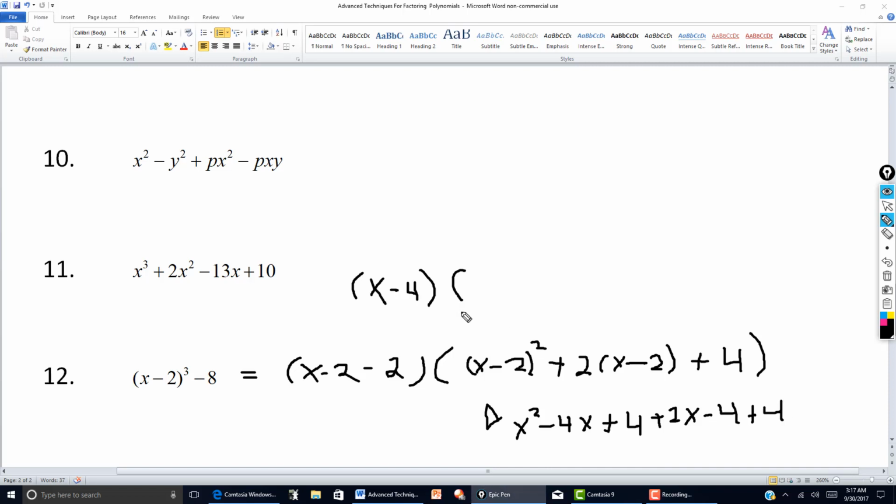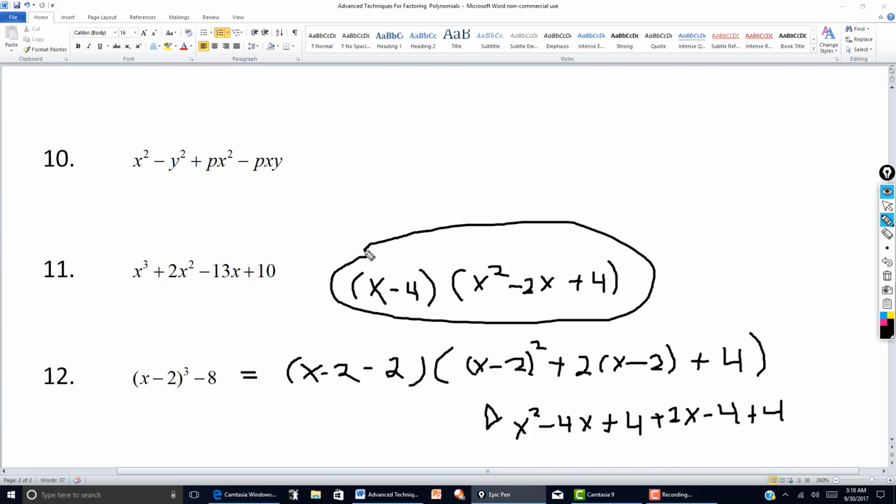Okay, so then I just combine terms there. I'm going to get x squared, and then the minus 4x and the plus 2x is minus 2x. The minus 4 and the 4 over here cancel. I still have a 4 right there, so this will be plus 4. So the answer for this one, the complete factorization, is (x minus 4)(x squared minus 2x plus 4).